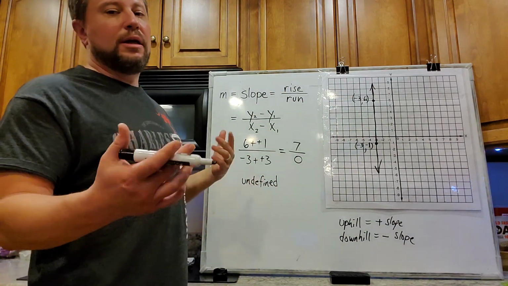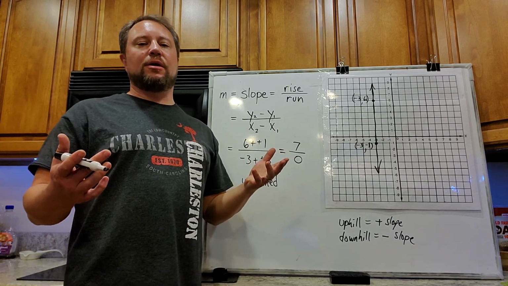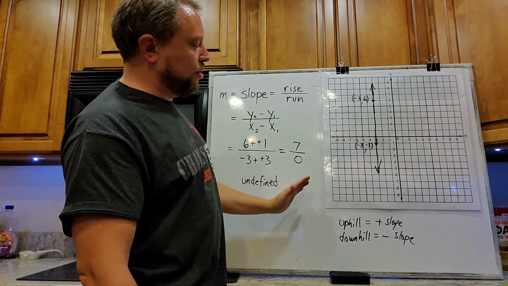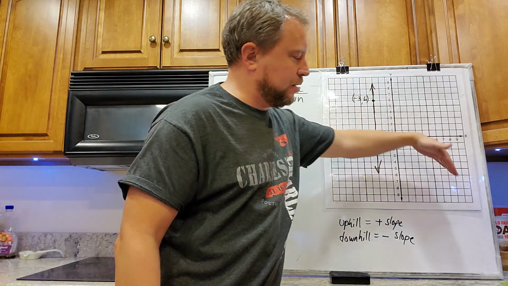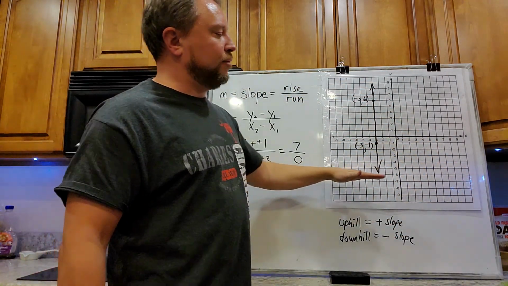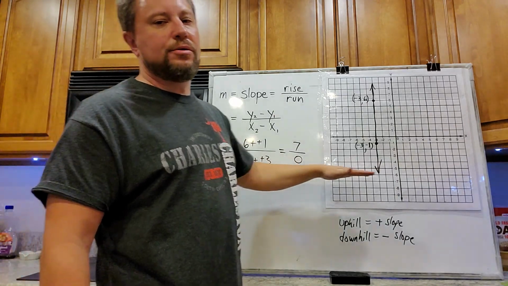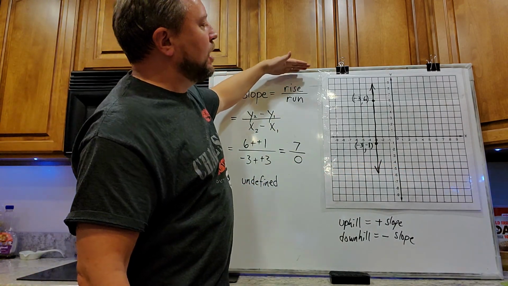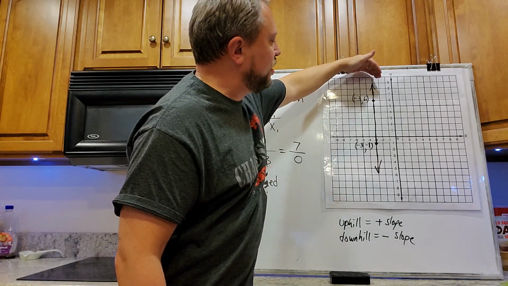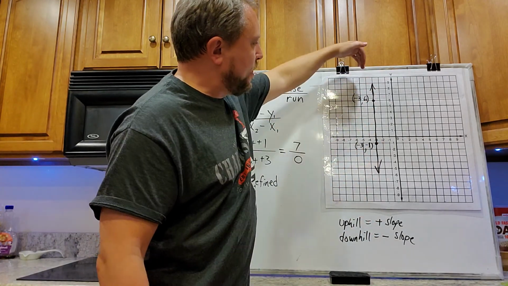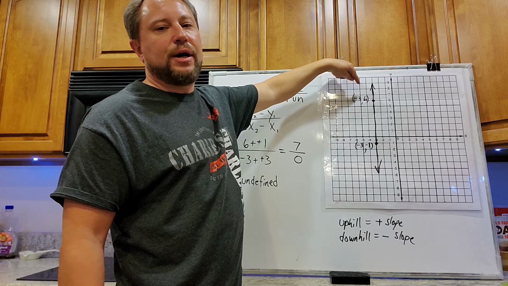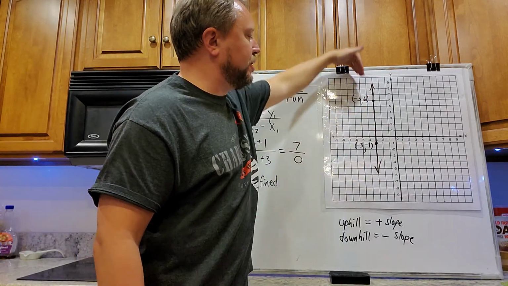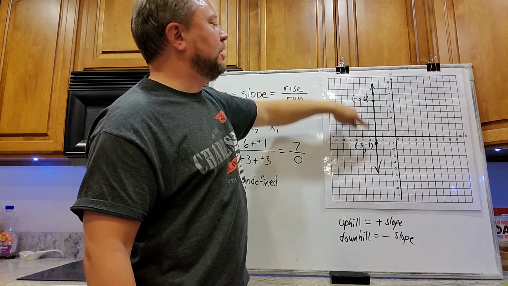And it even fits into our analogy that I was talking about earlier about snow skiing. You know how uphill was positive, downhill was negative. The horizontal line was cross-country skiing because it was flat ground. Well, if you're skiing along and all of a sudden you come across a straight down path, that's a cliff.